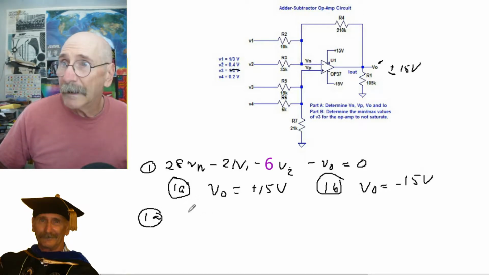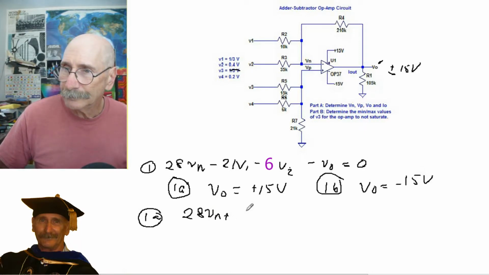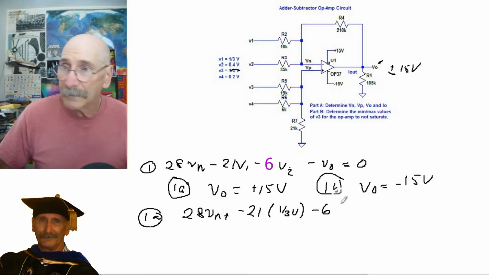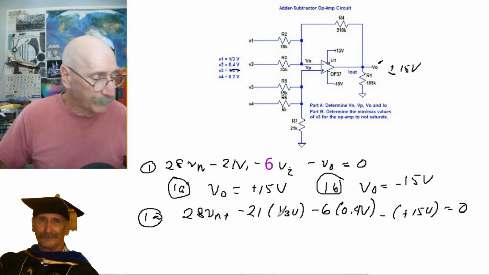So in 1A, when we drop all the numbers in, we have 28 V sub n minus 21 times 1/3 volts minus 6 times 0.4 volts minus Vout for plus 15 volts, and that all equals 0.